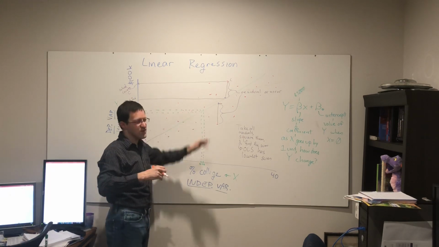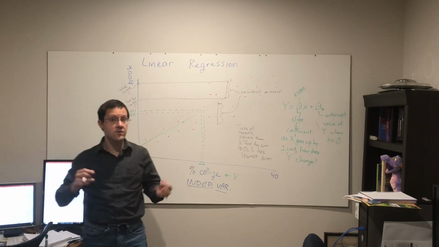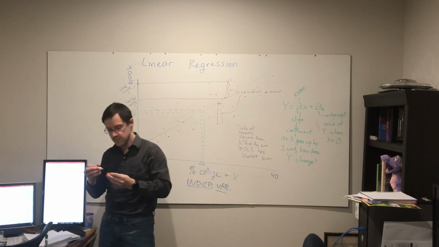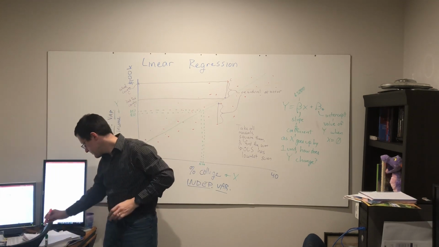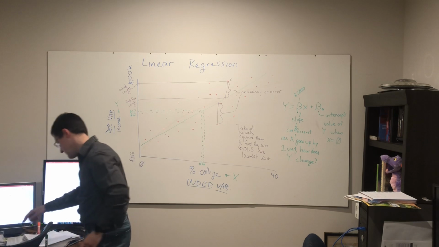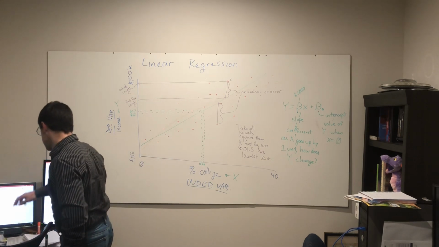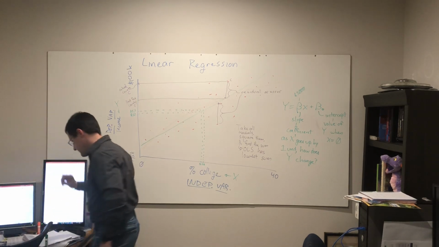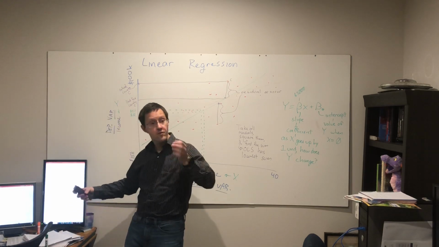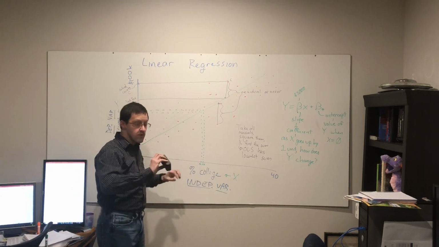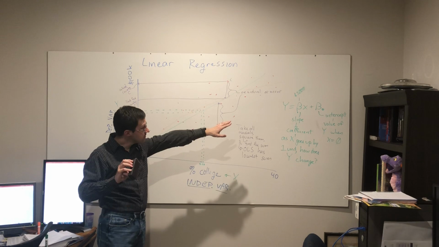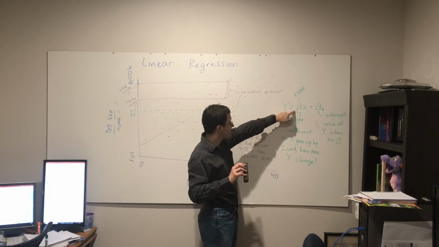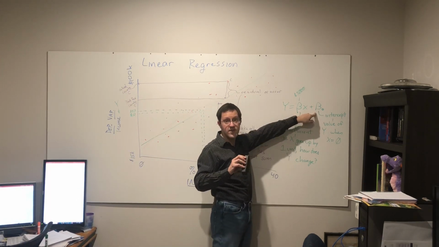When I start to bring in a curve, it's harder to understand and harder to interpret. So, as you can see here, we will get this coefficient, we will get the intercept.